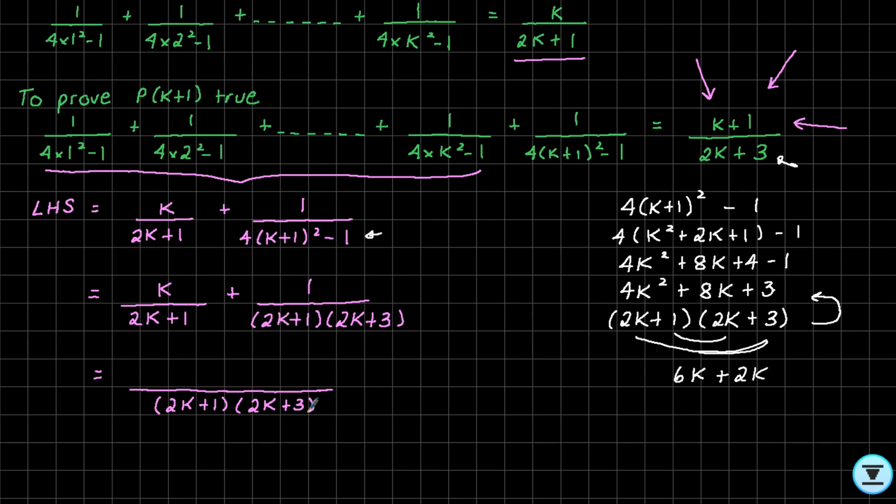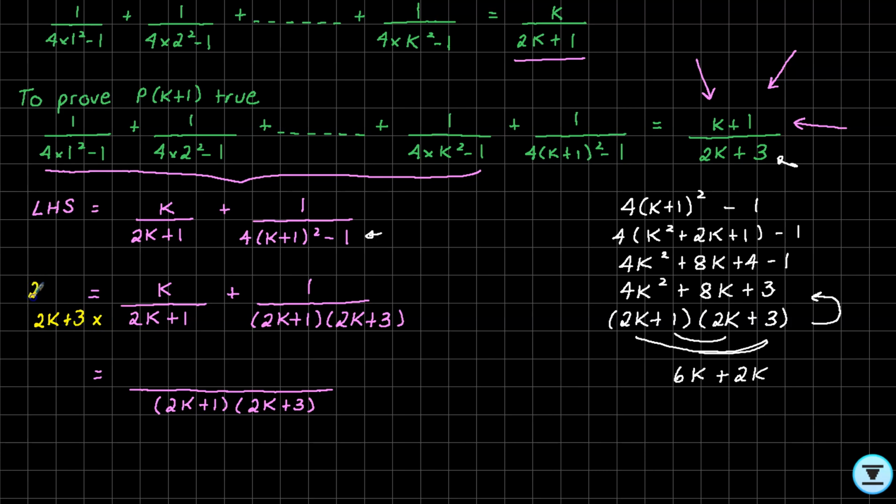So what did I have to times this by to get my denominator here? Obviously, I had to times the denominator by 2k plus 3. So what I do to the bottom, I'm going to have to do to the top. So I'm going to have to times k by 2k plus 3.